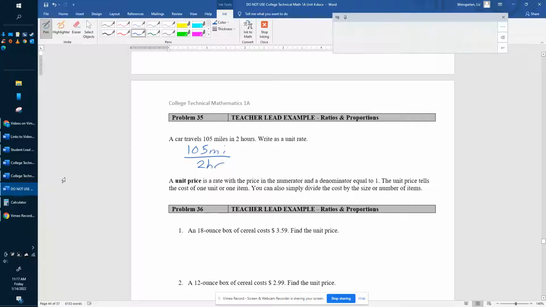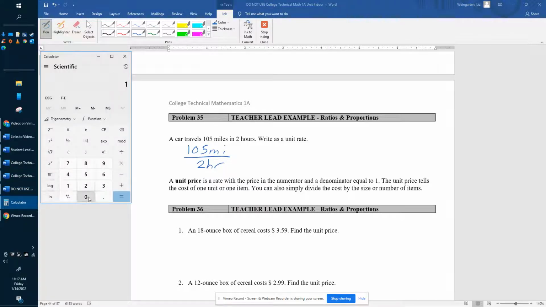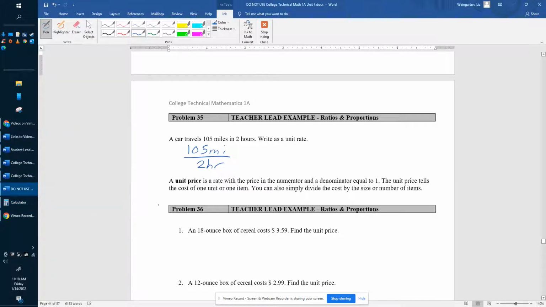So to find our unit rate, we have to take 105 and divide it by 2, and we get 52.5 miles per hour. Remember, back in our word problem days, the slash means per. Per always means division.